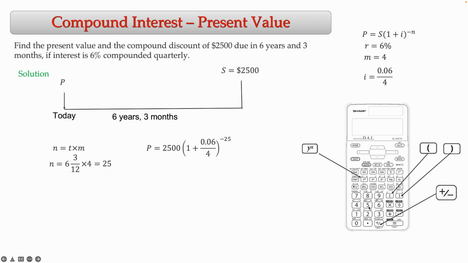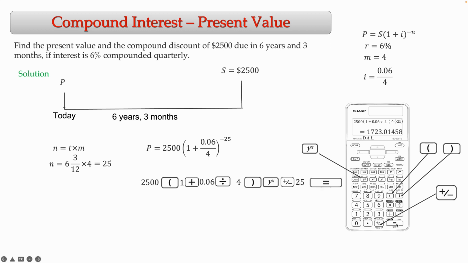So we type 25,000, open brackets, 1 plus 0.06 divided by 4, close the bracket, and raise this to the power negative 25. So this is what we have here.